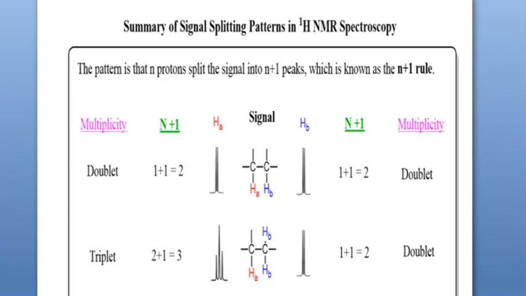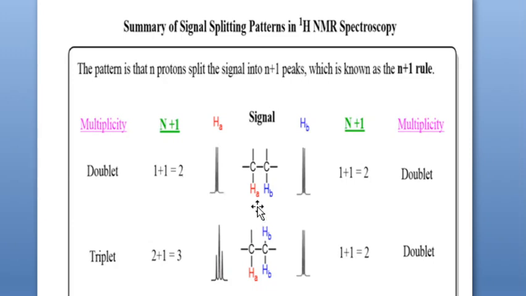If you got a doublet, the adjacent carbon is carrying what? 1 hydrogen. So 1 plus 1 is 2. So you can expect a doublet, something like this: a doublet peak, 2 lines. It is a single signal which on resolution is observed as 2 peaks, so it's a doublet.